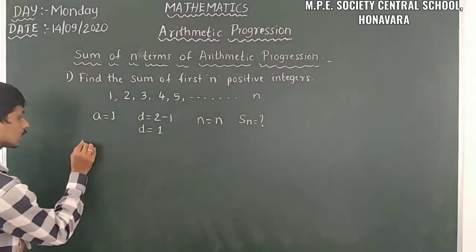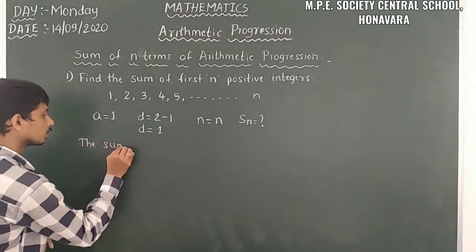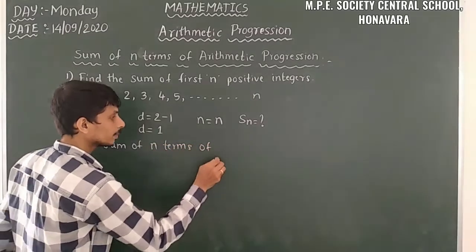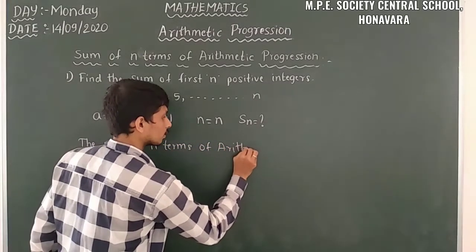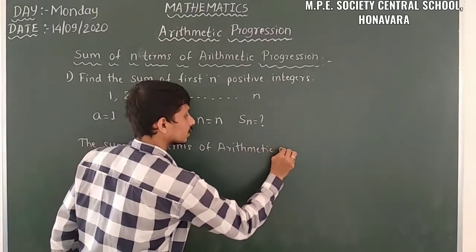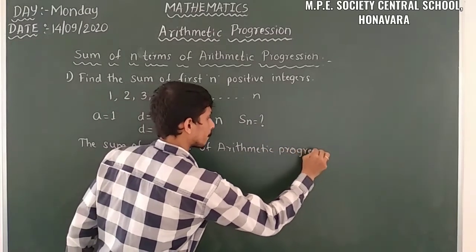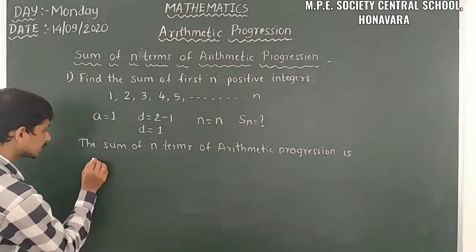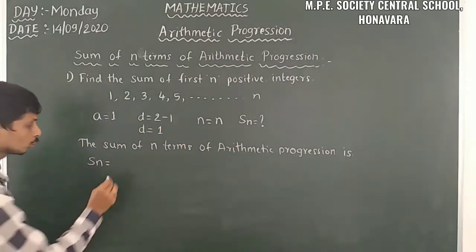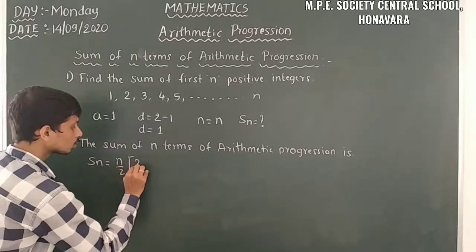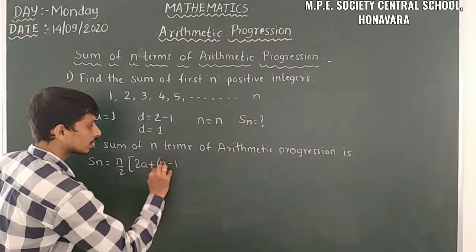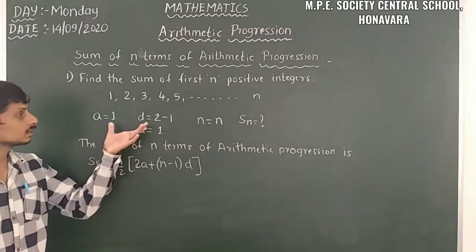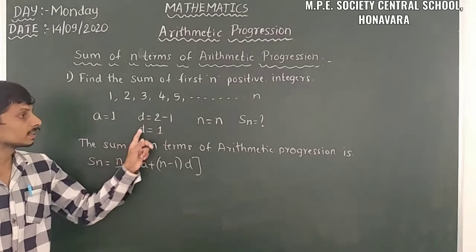The sum of n terms of an arithmetic progression is, we know, Sn is equal to n by 2 into 2a plus n minus 1 into d. So here we have to substitute all the values of a, d and n.